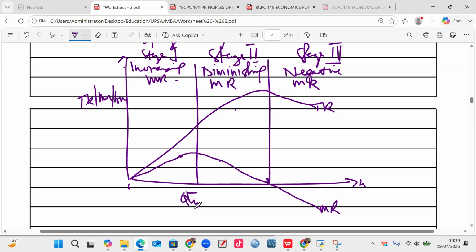Then the last curve is called the AR. Are you getting it? The AR will increase, right? Let me draw it properly.